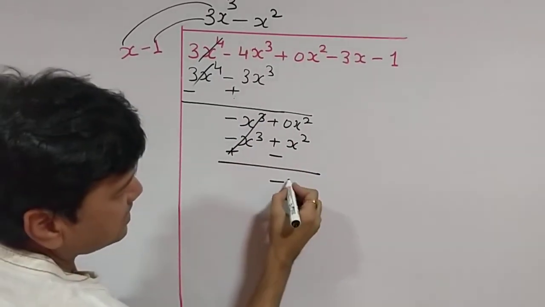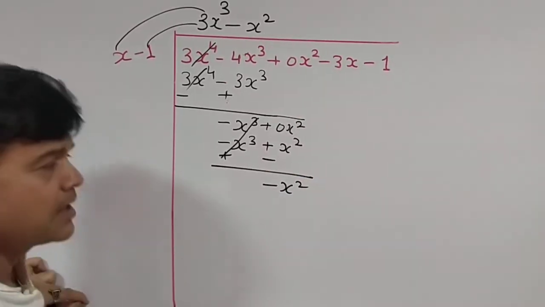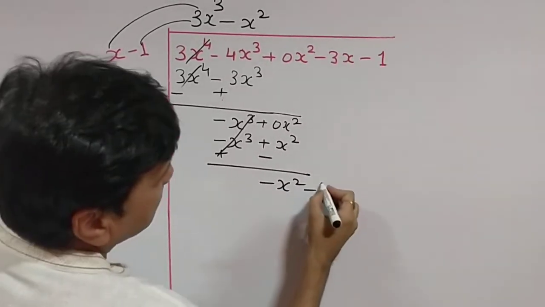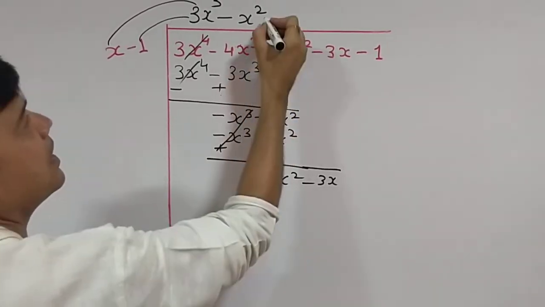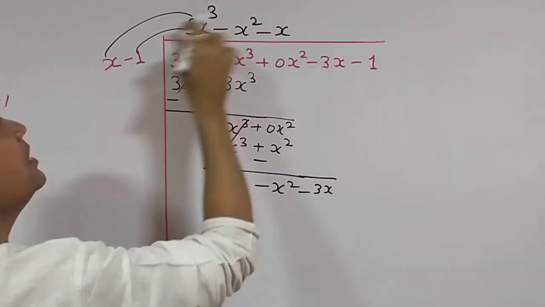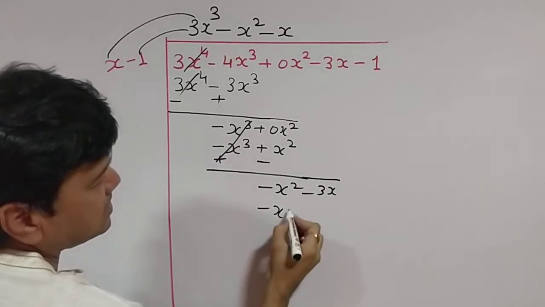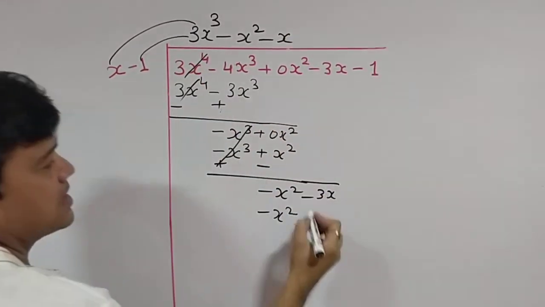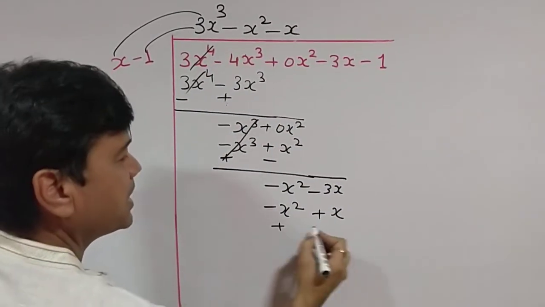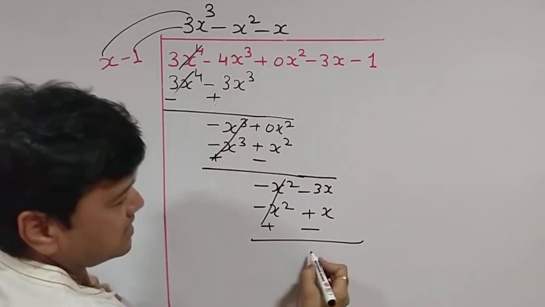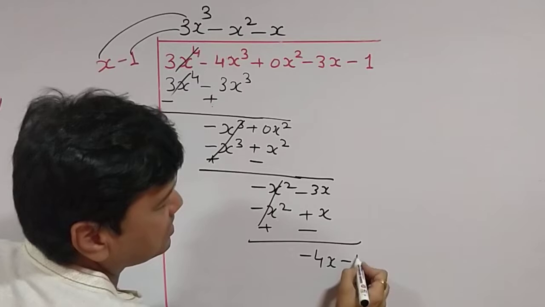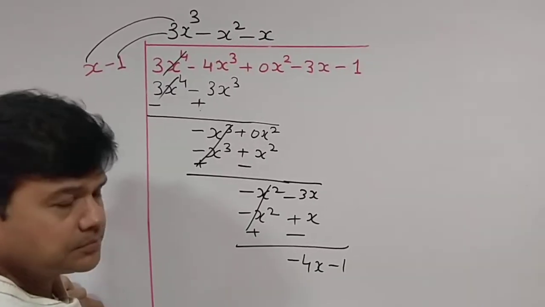Now it is minus x square because this is 0 only. So minus x square minus 3x. You want minus x square, again multiply by minus x. Minus x into x is minus x square. Minus into minus is plus x. Change the sign, cut again. Minus 3x minus x, minus 4x minus 1.